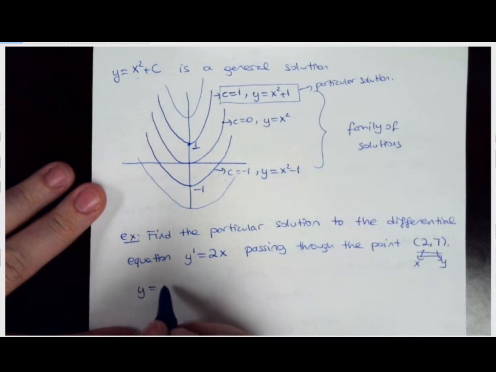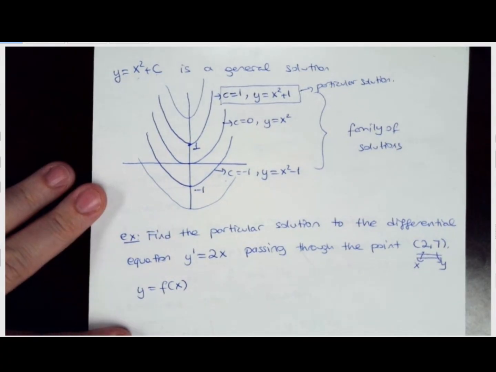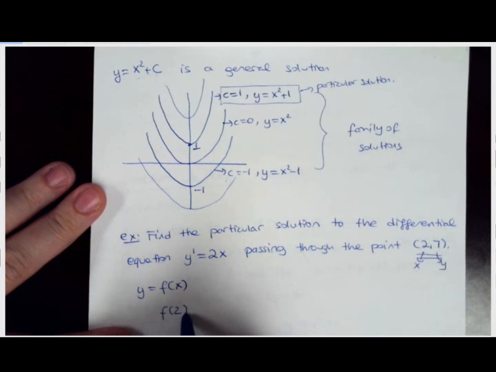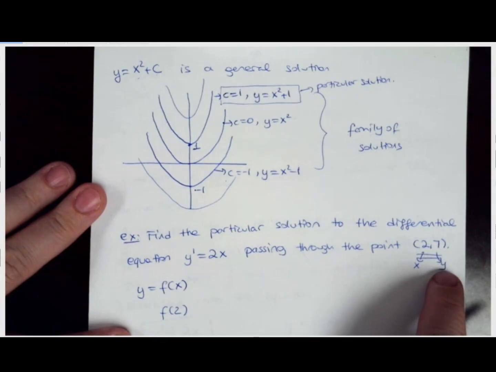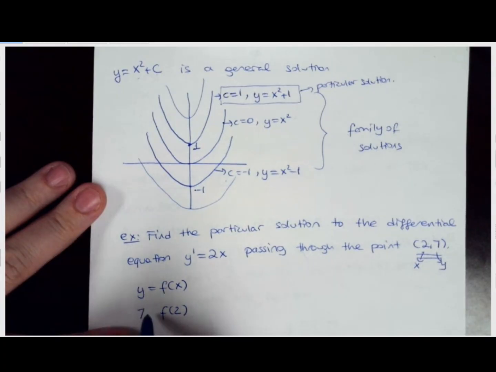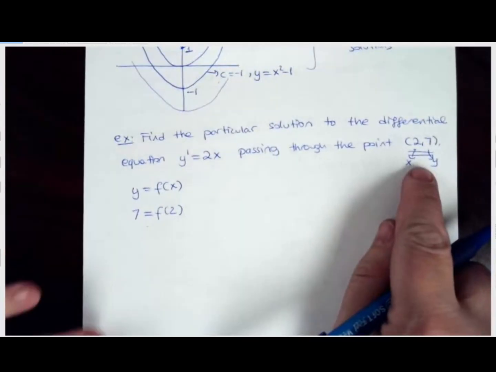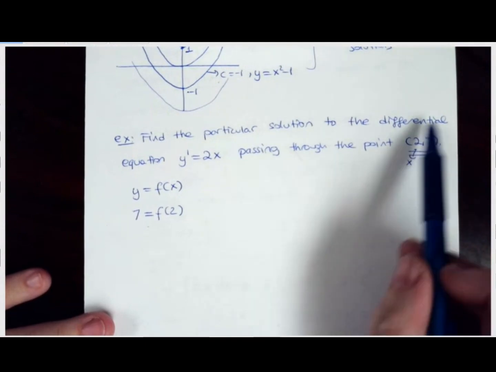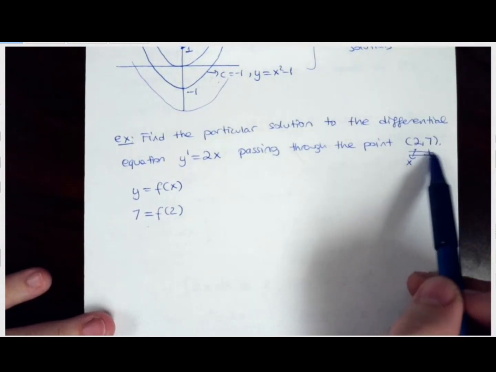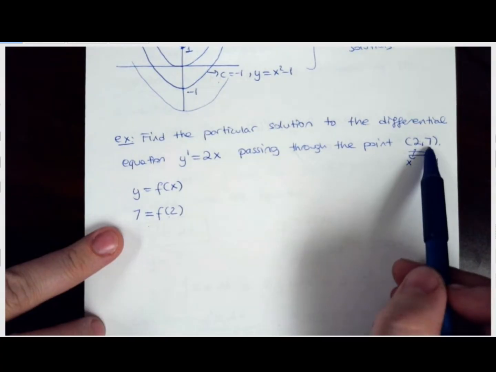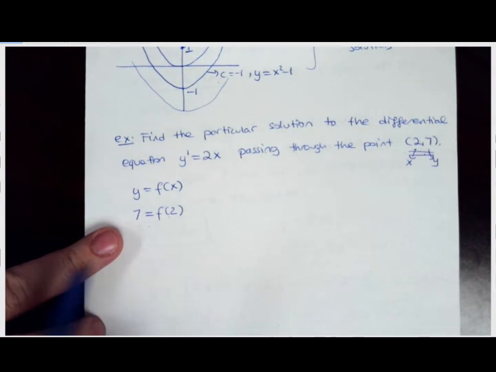So we are looking for a function y equals f of x, where when you plug in 2 for x, y, which is f of 2, will be 7. Given a point that the graph passes through, you can say if you plug in 2 for x, y will be 7, so f of 2 will be 7.